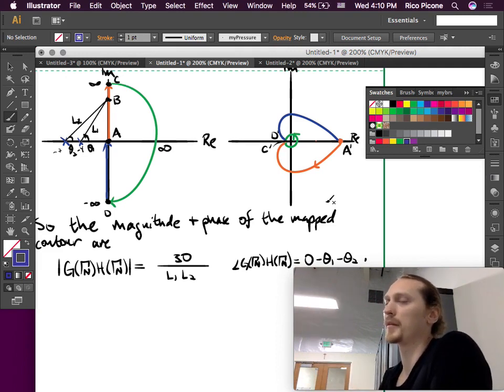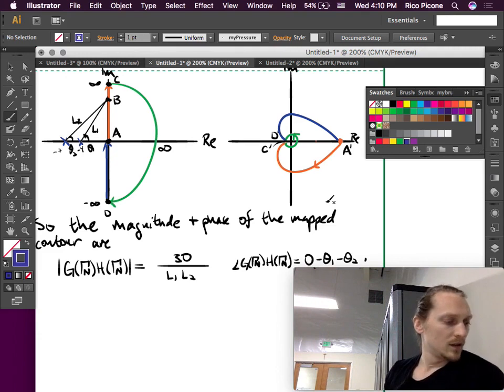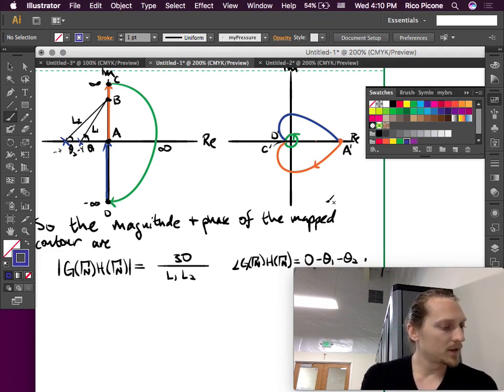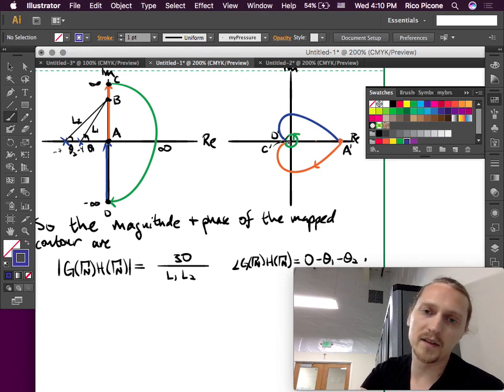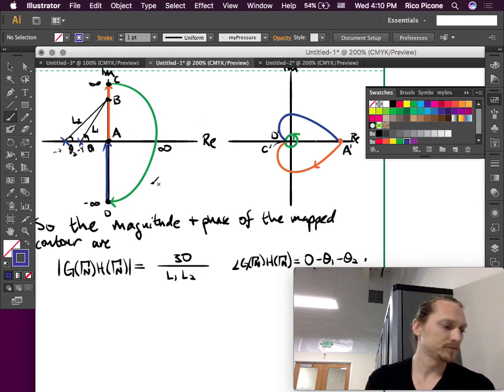So that does always happen. The Nyquist plot is always symmetric about the real axis, and the j omega axis is essentially a mirroring of the negative j omega axis. So the positive imaginary axis and the negative imaginary axis.